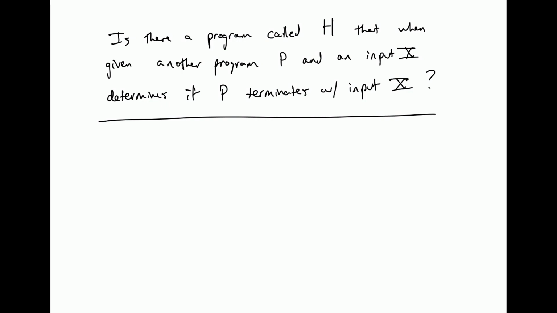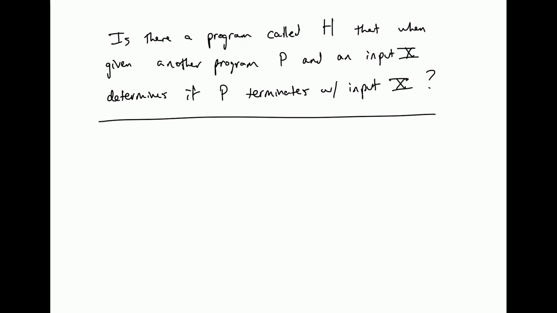Okay, so in order to prove this, we're going to do a gambit that mathematicians like to do, which is called a proof by contradiction. Let's say I want to prove that H cannot exist. Assume it does exist. Let's assume that there is a program H that can do this.